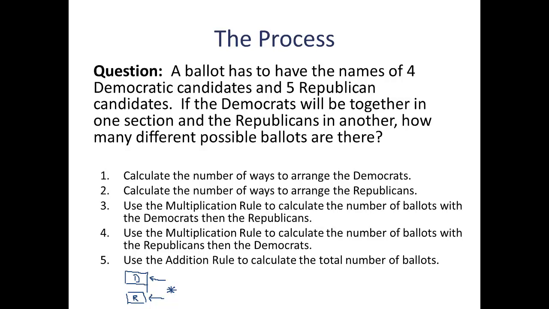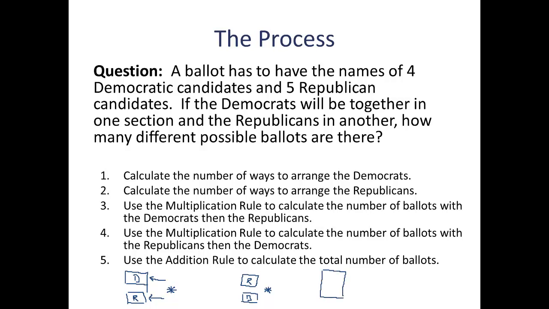Then we're going to do the same thing again, but this time we're going to start with the Republicans. We're going to make that choice first, then we're going to choose the Democrats. And again, we're making 2 choices here, so to find the total number of choices, we're going to use the multiplication rule. At this point, we have 2 sets of ballots.